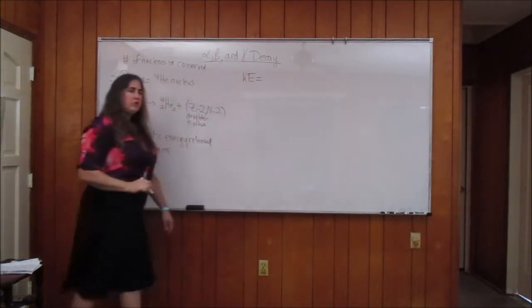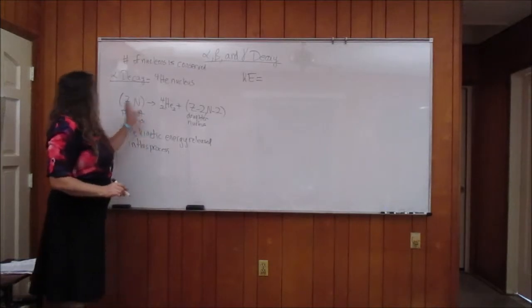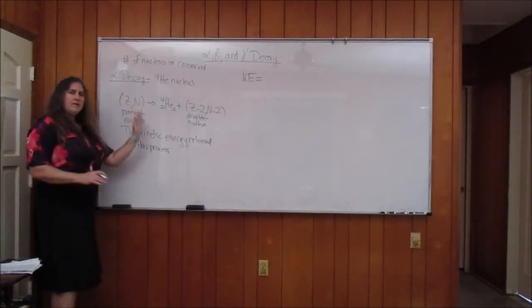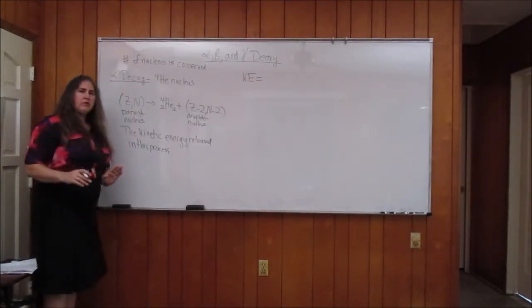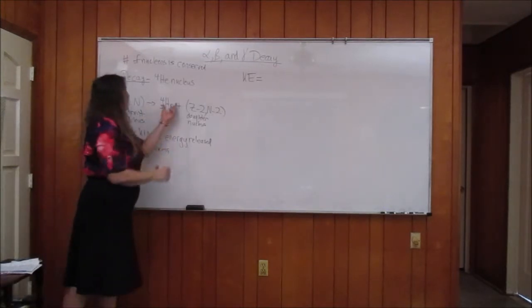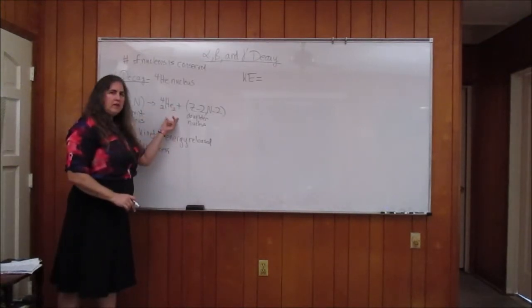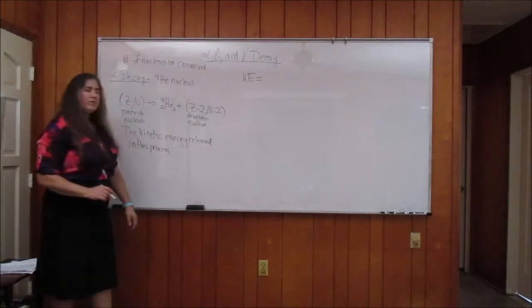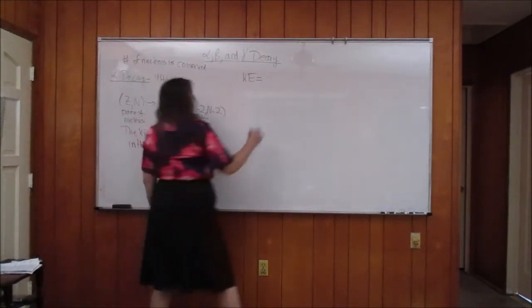The kinetic energy released is going to be equal to the difference in mass of the parent nucleus and the sum of the mass of the helium nucleus and the mass of the daughter nucleus.